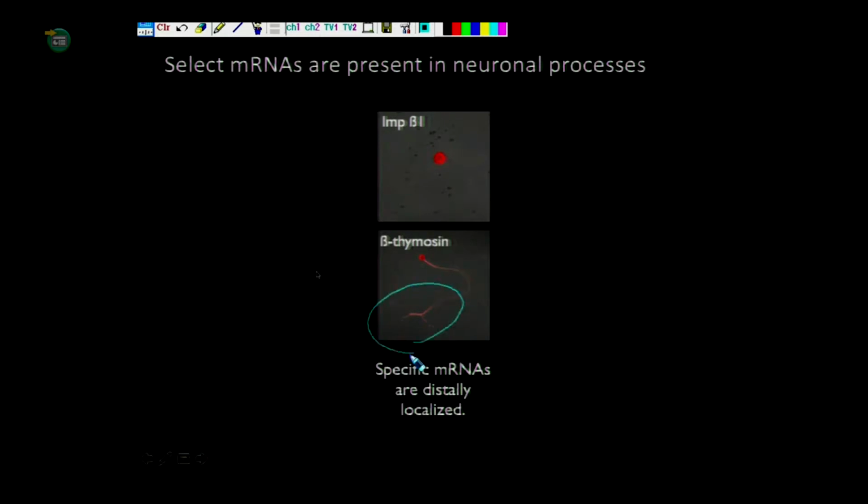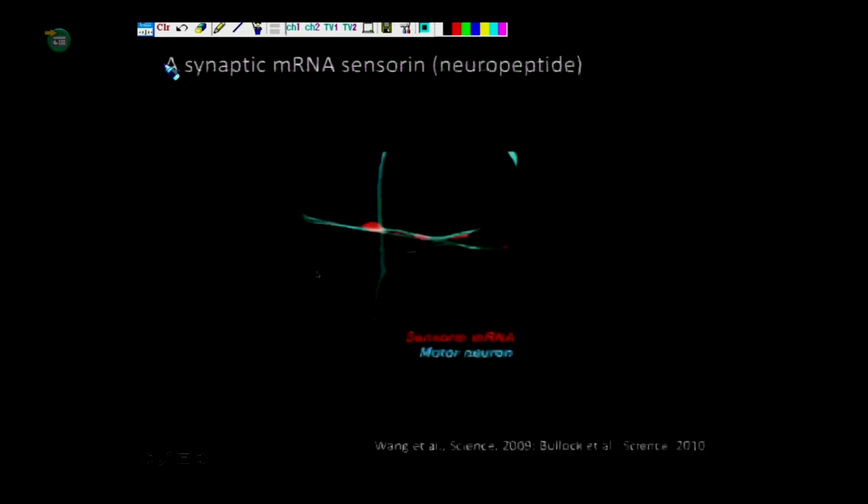So we know that there are RNAs localized to the synapses, and it's not every RNA, it's selected. And we found a messenger RNA that encodes small neuropeptides, and this RNA is highly concentrated at the synapses between the sensory and the motor neuron.